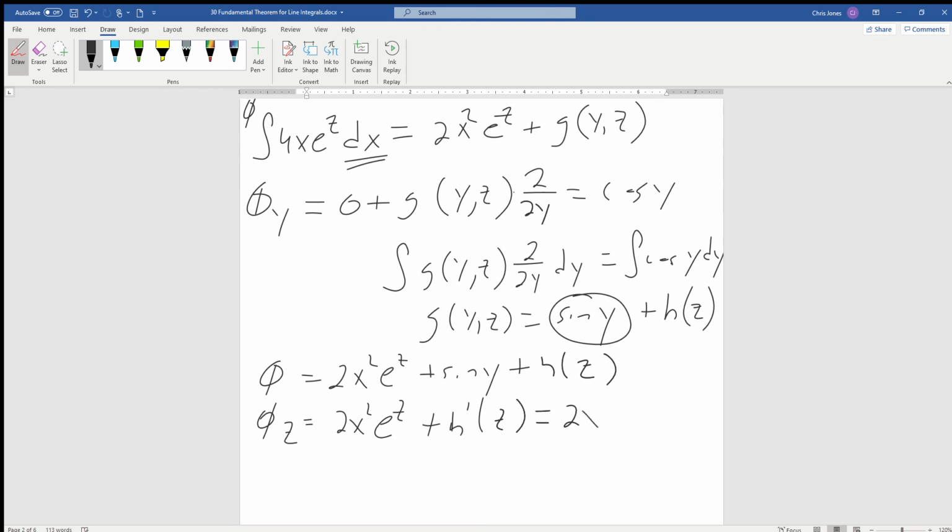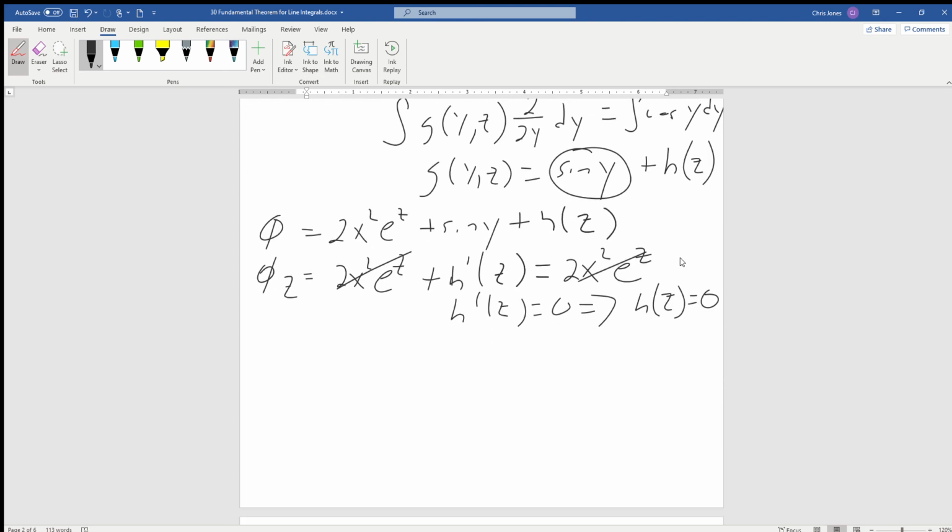And we start to see that this is really nice. Those two cancel out. H prime of z is equal to 0, which implies that h of z is equal to 0. So finally, we get our potential function, phi of x, y, z, is going to be equal to 2x squared e to the z plus sine y.